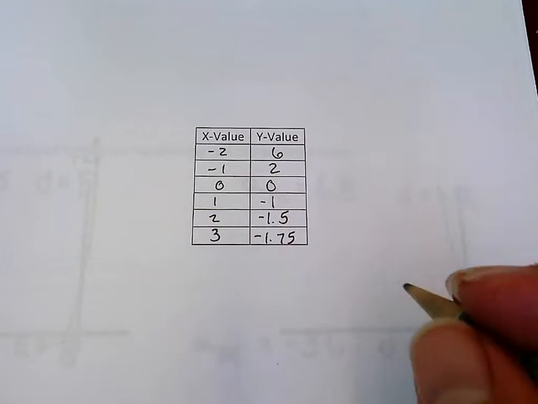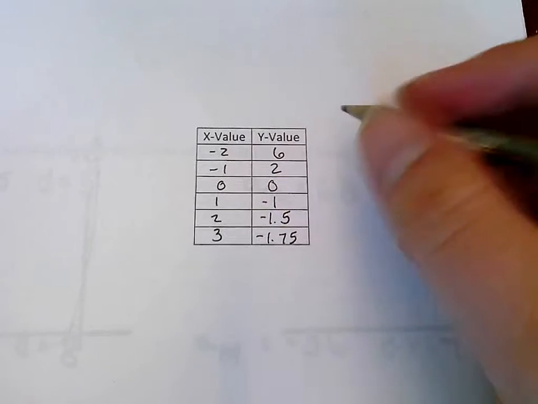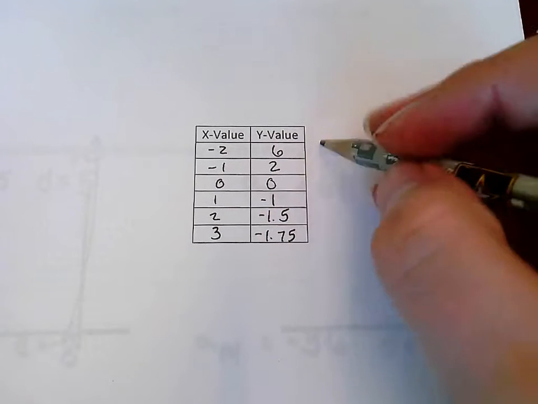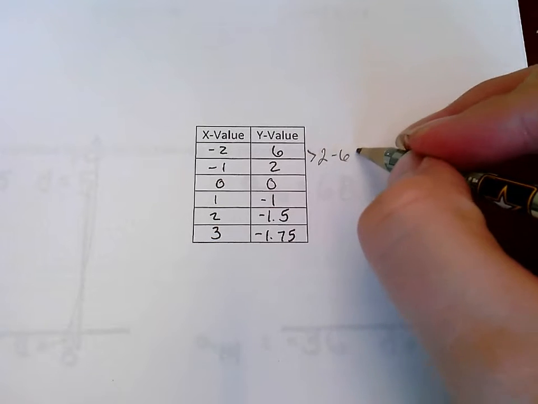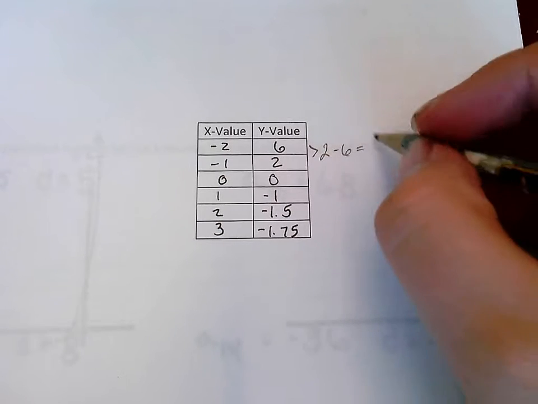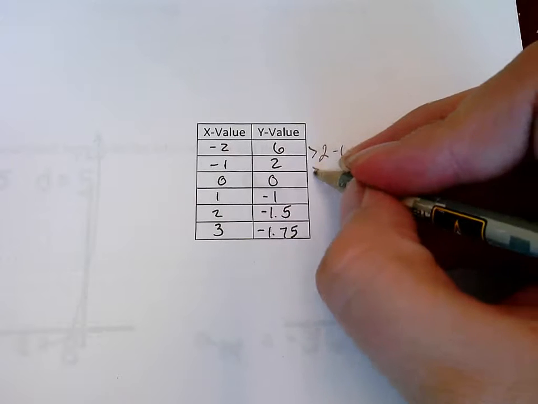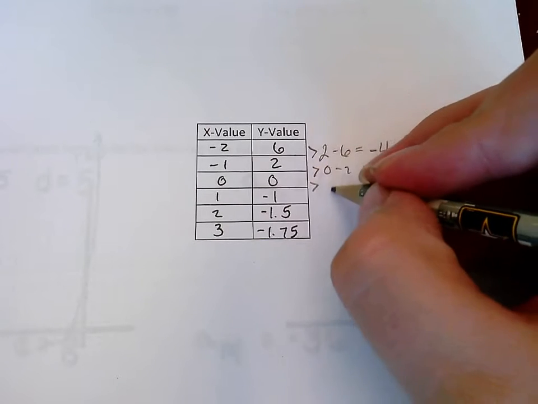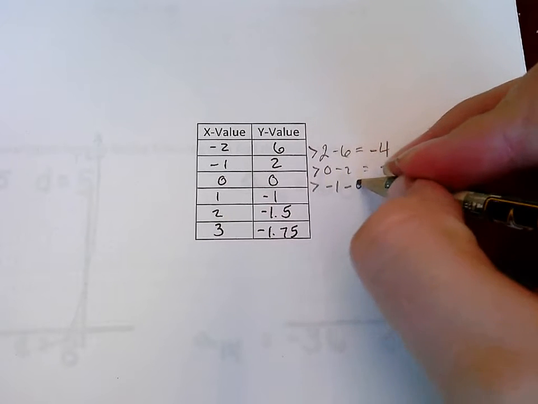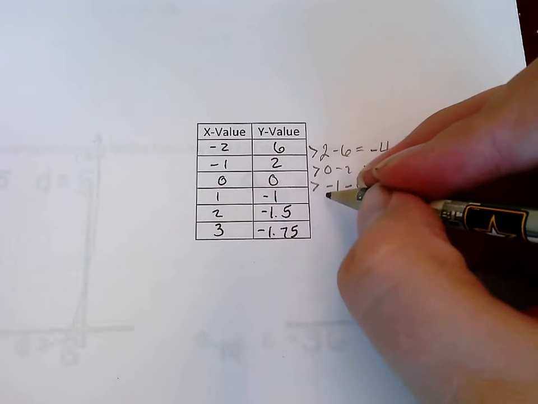So we have a couple of different steps. The first step is we need to figure out what is the difference between all these values. So what you do is you take the second number, subtract the first number. Okay, so 2 minus 6 gives me negative 4. 0 minus 2 gives me negative 2. Negative 1 minus 0 gives me negative 1.